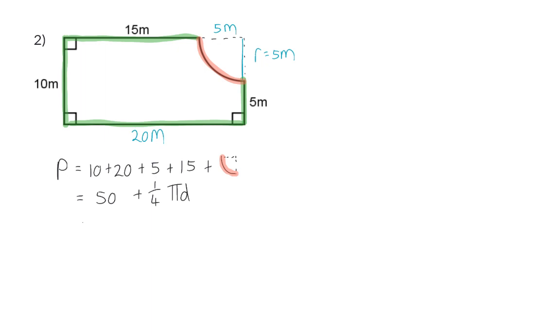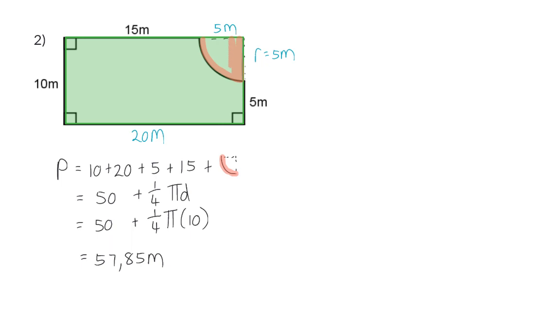Remember that we calculated that the radius of the circle is 5 meters, and the diameter consists of 2 radii, so that will be 10 meters. This will give you a rounded answer of 57,85 meters.